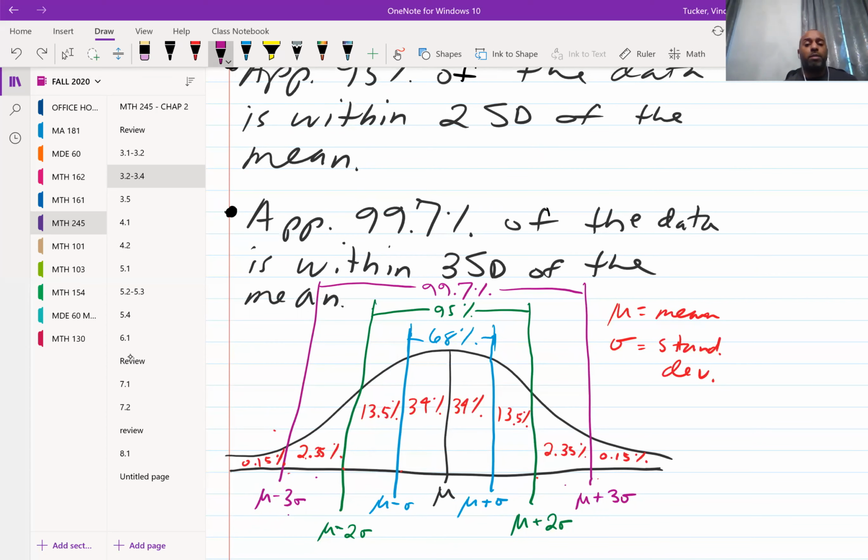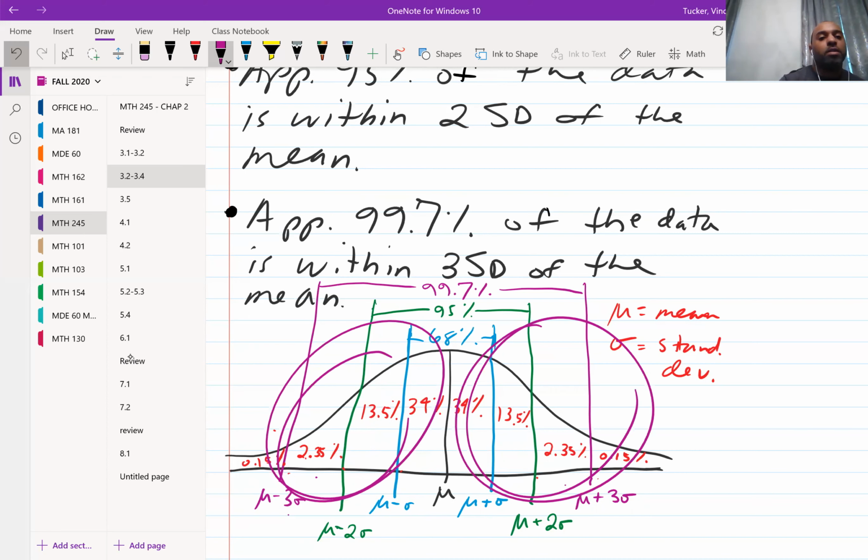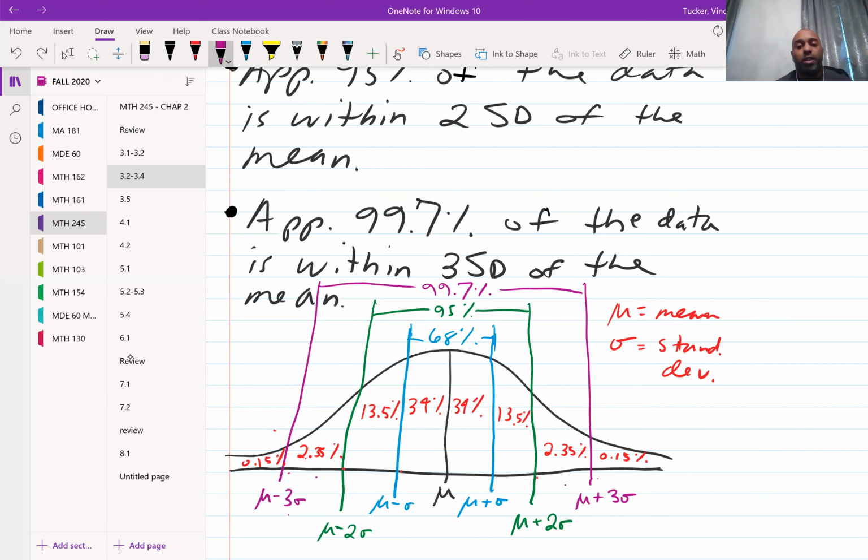And notice it reflects about the mean. We talked about this a little bit last class when we first introduced the bell-shaped curve. It's symmetric about the mean, so whatever's going on this right side is also going on the left side. So you see the percentages are going to be the same: 34, 13.5, 2.35, and 0.15. So I will magnify it.